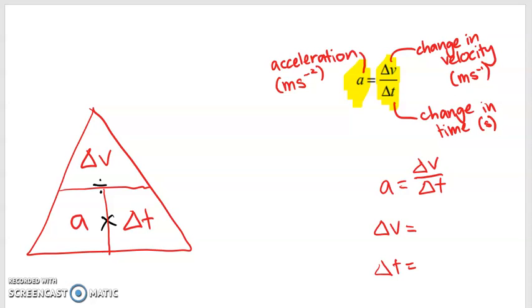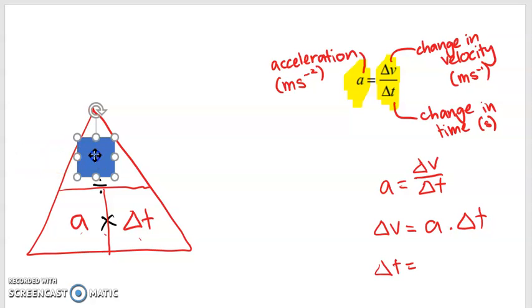Then to use our formula triangle, we cover up what we're trying to work out. So if we're trying to work out change in velocity, we're left with A multiplied by change in T. So A times change in time.